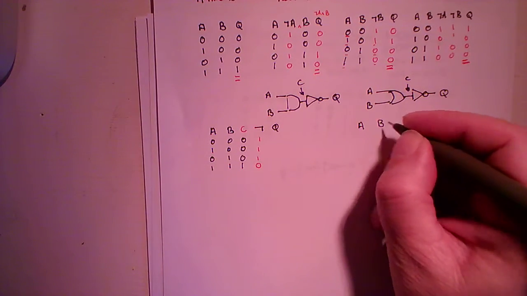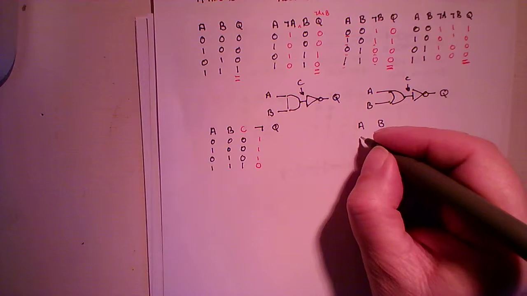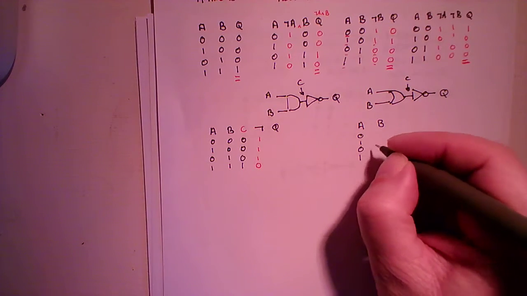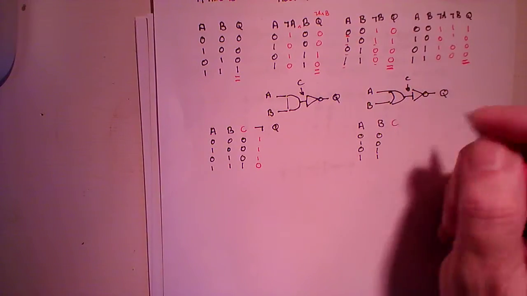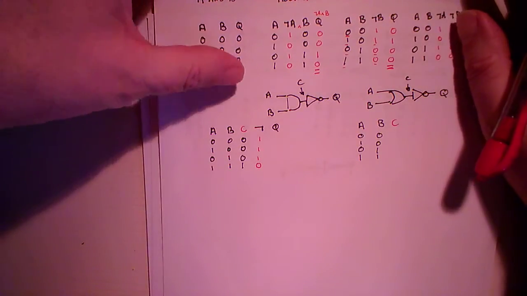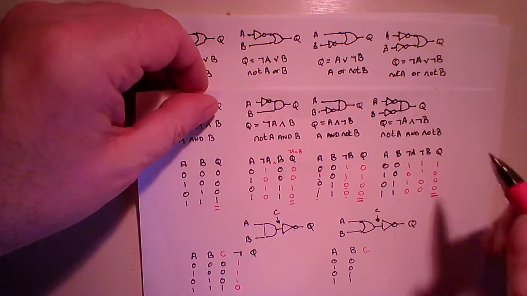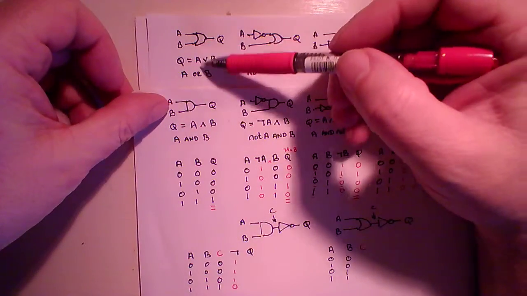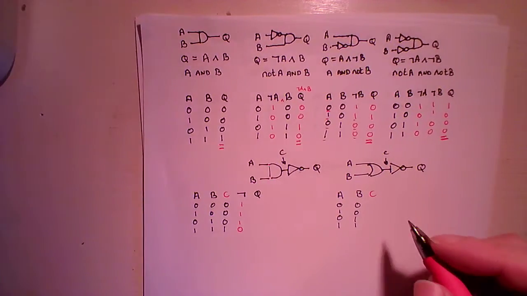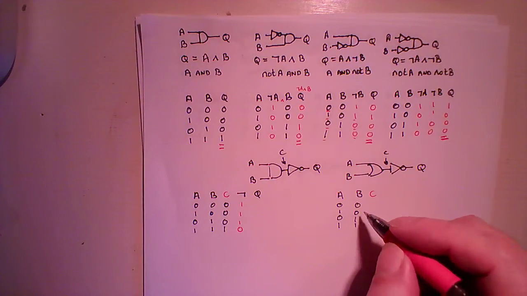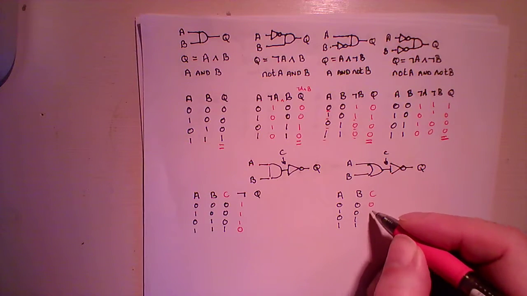A, B, 0, 1, 0, 1, 0, 0, 1, 1, and then the output for C would be my old OR table. So if you want to see it, it would be this table. But we'll just work through it. So OR is anything that has a 1 in it is a 1.